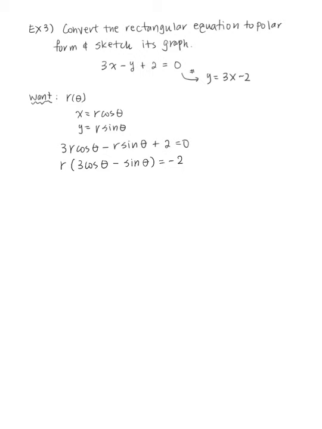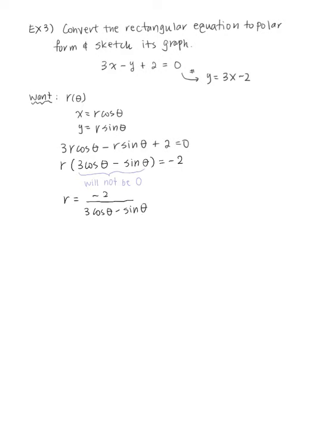Since I know for sure that 3 cosine of theta minus sine of theta could never be 0, I can divide by that whole quantity. So I'm going to divide both sides by 3 cosine theta minus sine of theta to solve for r. Here we get r equals negative 2 over 3 cosine theta minus sine theta.